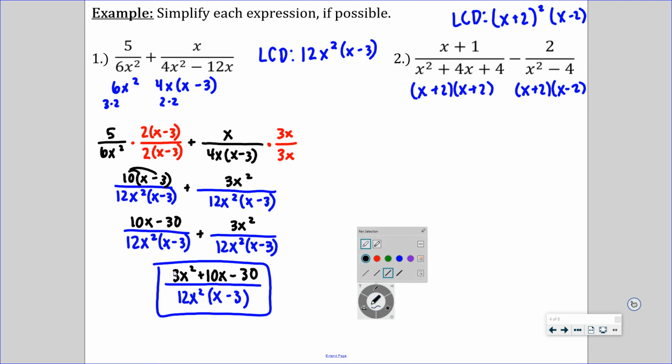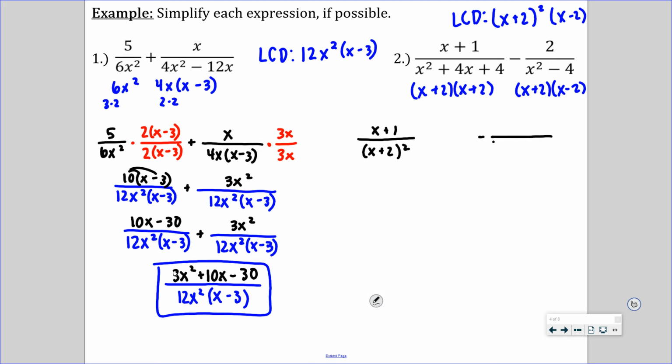So here's what I currently have. I have x plus 1 over, I'm going to write it in factor form, x plus 2 squared, minus 2 over x plus 2 times x minus 2. Here's what I have.